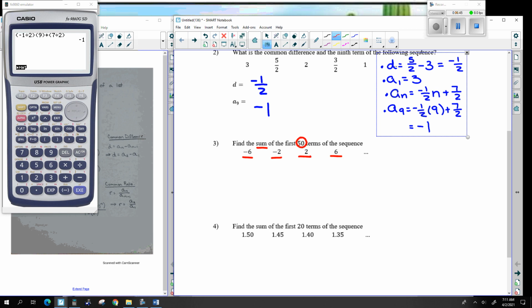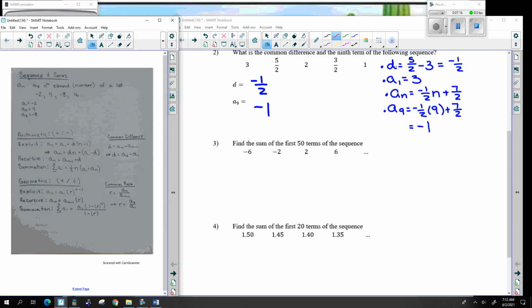If I were to take the sum of those, or the summation, that would be those numbers added up, for instance, negative 6 plus negative 2 plus 2 plus 6, and so on and so forth. This is going to ask us to add up the first 50 numbers. It would be ridiculous to write down all 50 numbers and then add them up. Luckily for us, there's a formula to help us do this.